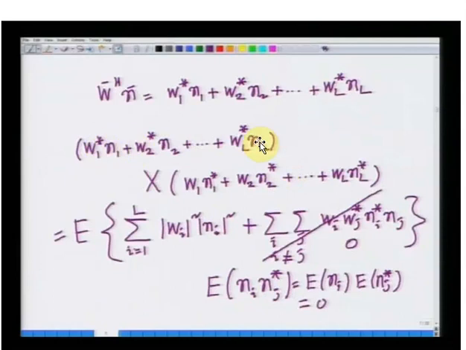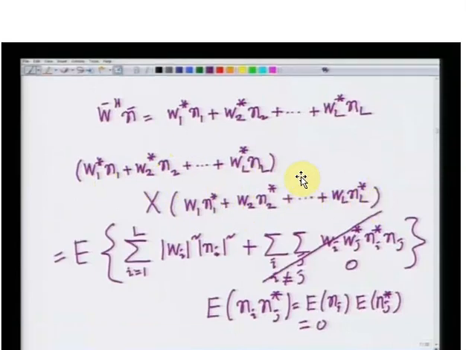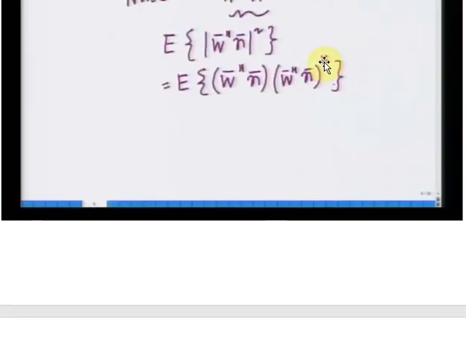So we have two different terms: W1 conjugate N1 plus W2 conjugate N2 plus WL conjugate NL, multiplied with W1 N1 conjugate plus W2 N2 conjugate plus WL NL conjugate.